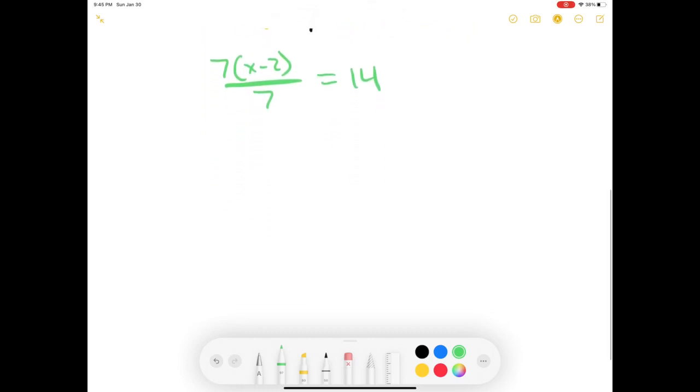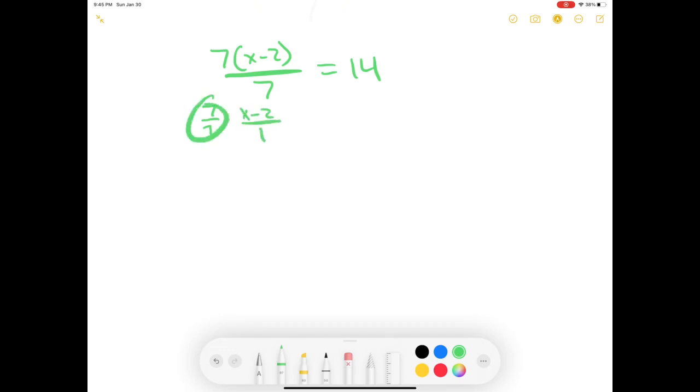And it's the same story again. 7 divided by 7 is 1. And I'm essentially factoring that out. That leaves me with x minus 2 over 1, which is x minus 2 equals 14.